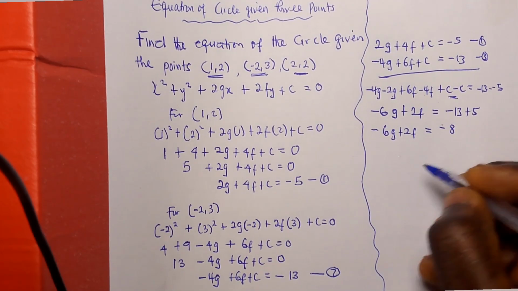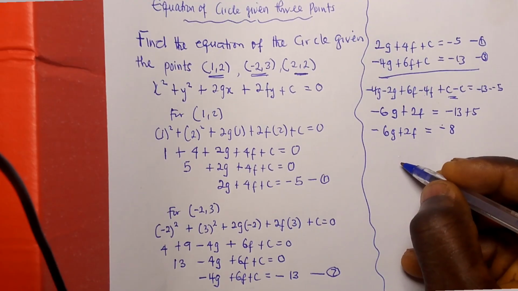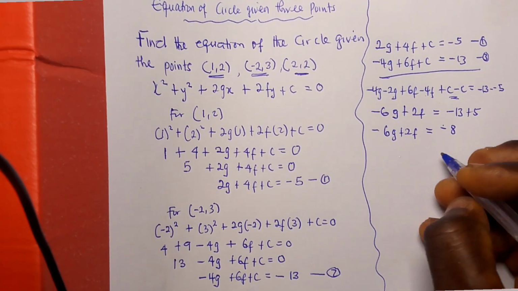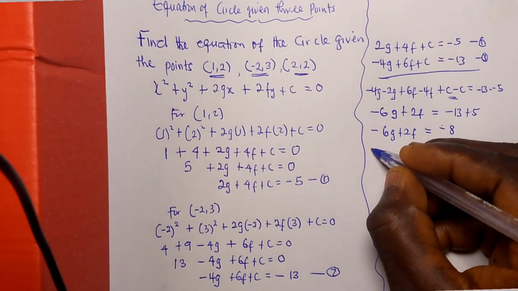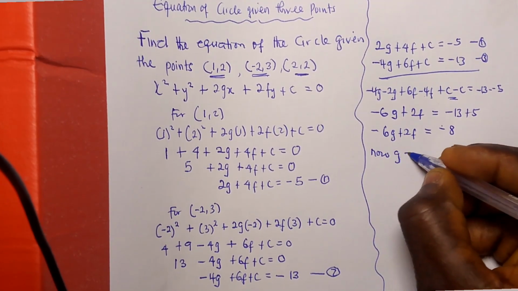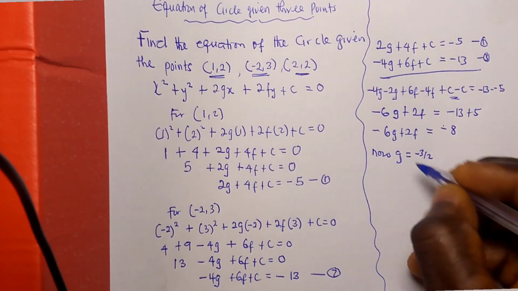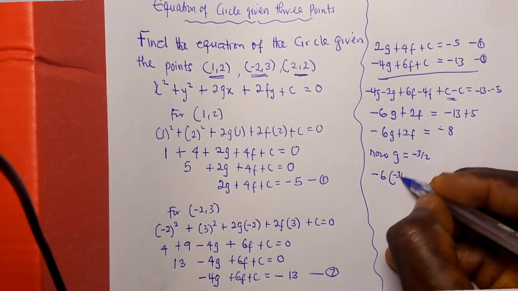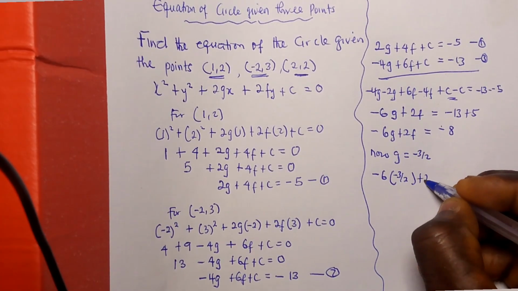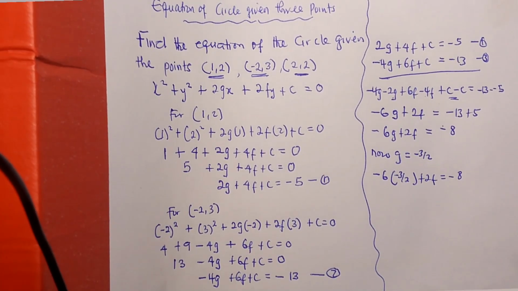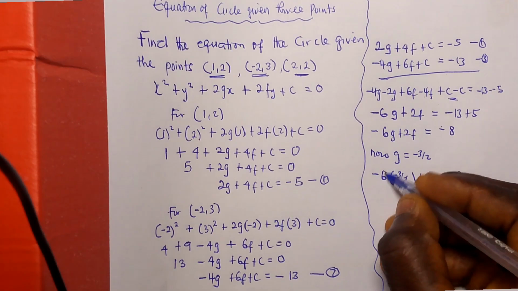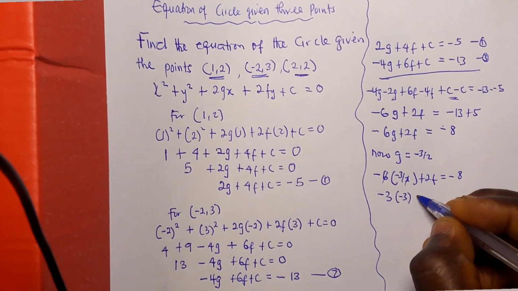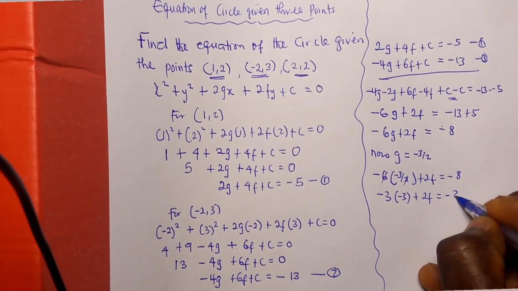minus 8. But we remember that we're able to find the value for j, so we put the value for j into the equation. We know now j is equal to minus 3 over 2, so you're going to have minus 6 times minus 3 over 2 plus 2f is equal to minus 8. So 2 can cancel 6, you get minus 3 times minus 3 plus 2f is equal to minus 8.